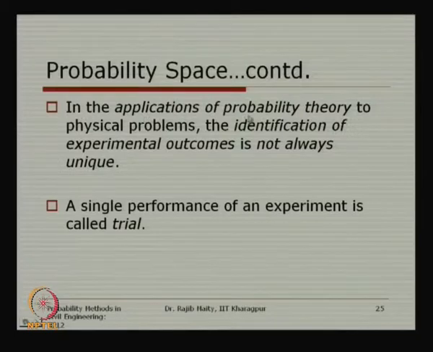In the application of probability theory to physical problems, the identification of the experimental outcome is not always unique. This is important in the sense of how you are representing that particular outcome.